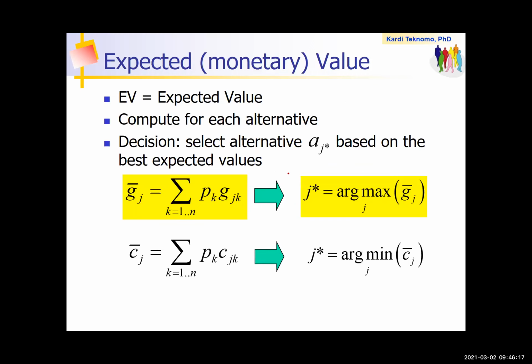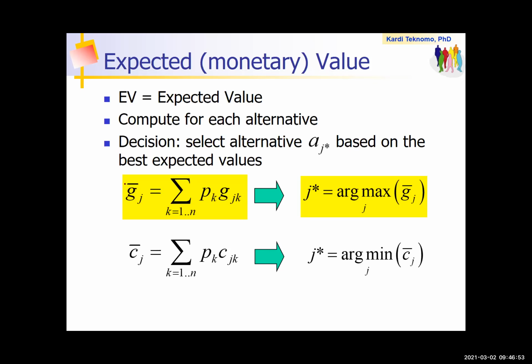Next. Here is the formula to compute. It's rather simple. You have Gjk, that is the gain, multiplied by Pk, the probability for each k, where k represents the state of nature. Then you sum over all states of nature, k from 1 to n, and you get the average gain.